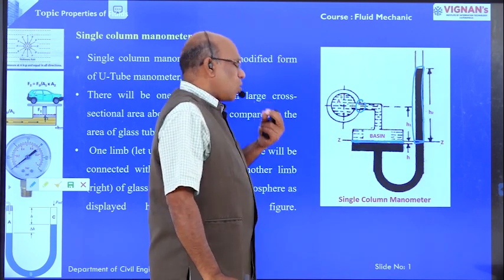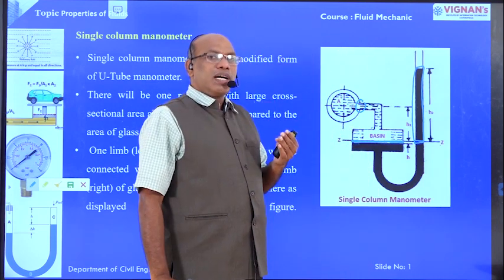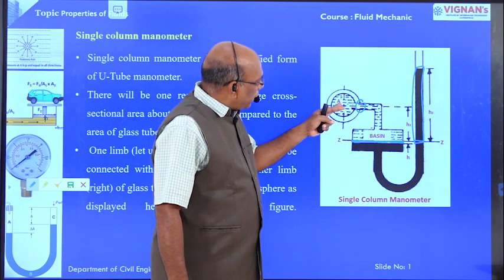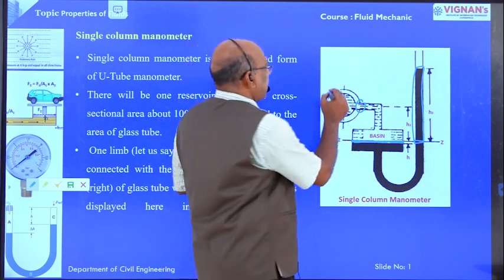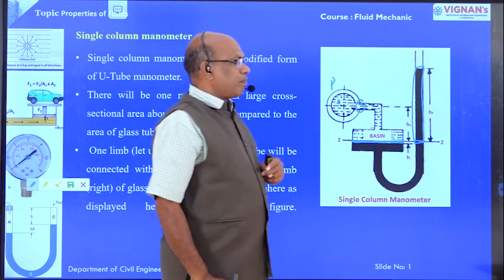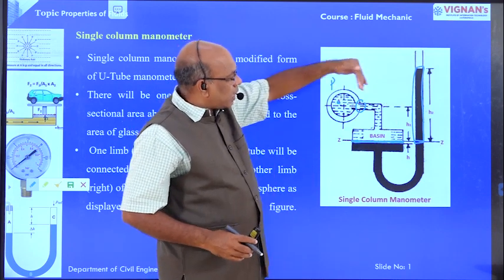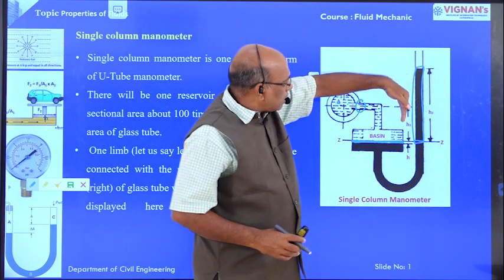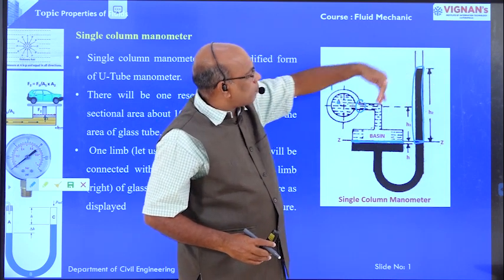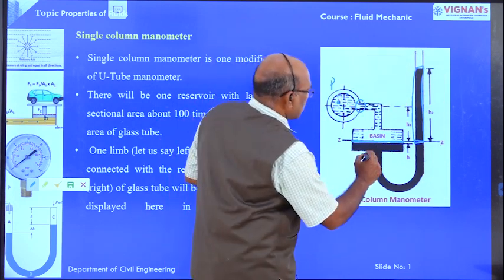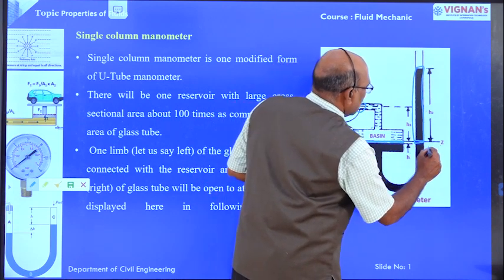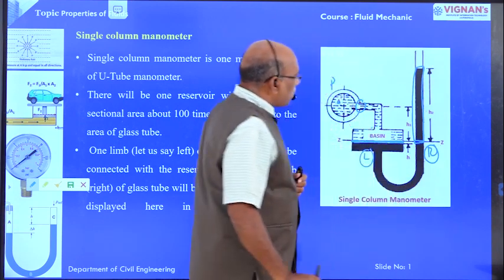Right, here also we are going to determine the pressure at point A, that is denoted by P. What are the pressures in the left side limb? What are the pressures in the right side limb? This is the left side limb. This is the right side limb. What are the pressures?